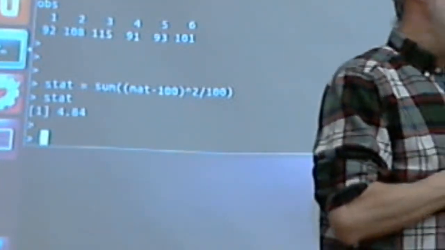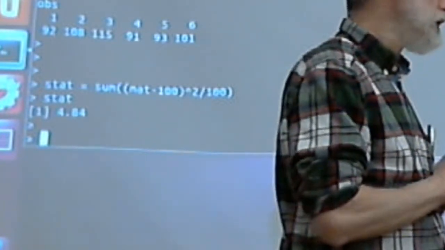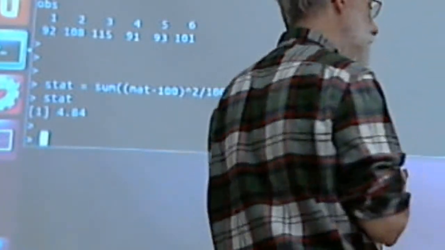So the test statistic, we have 5 degrees of freedom in the problem. And for the chi-square, remember, the mean is the number of degrees of freedom. You expect 5, and you observe 4. You're not going to be rejecting H naught. Okay? You can determine the p-value.